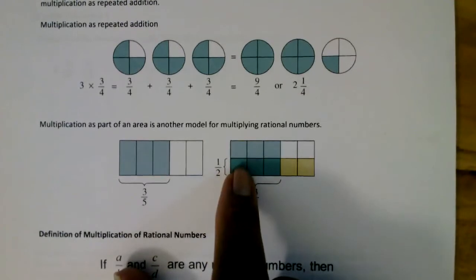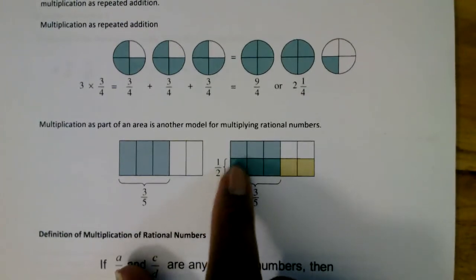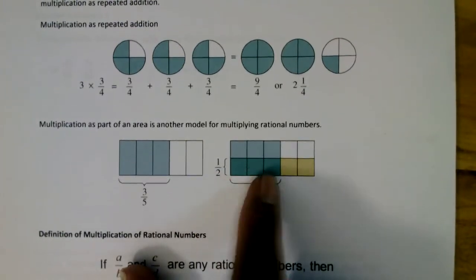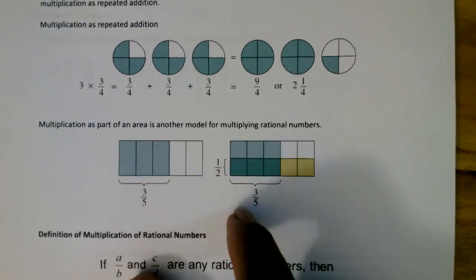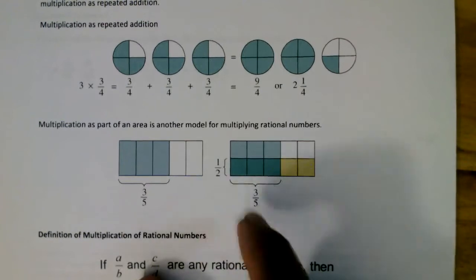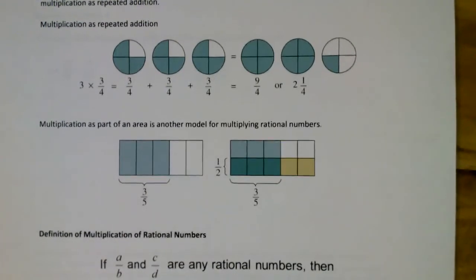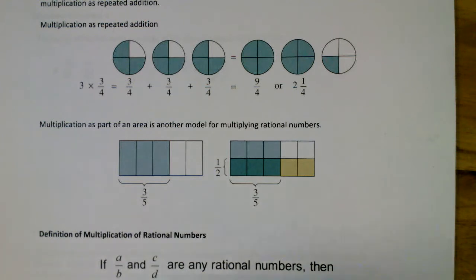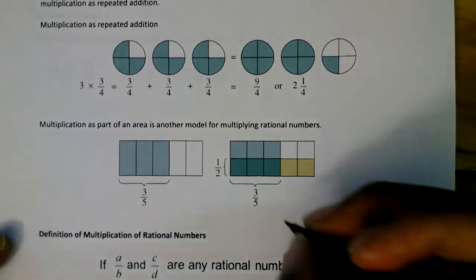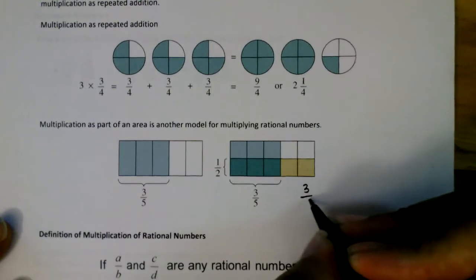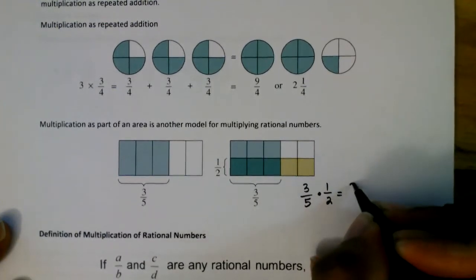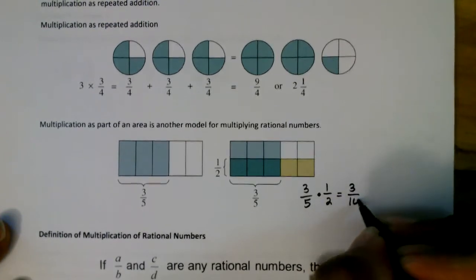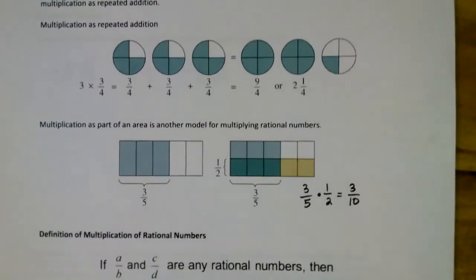So each piece that you see here represents 1/2 going this way. So if we combine those, you'll get 1/2 times 3/5. And in this case, the final answer there will be 3/10. So this is what 3/5 times 1/2 would be. 3/10.